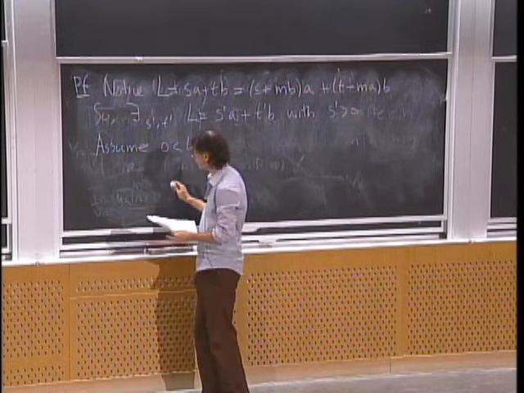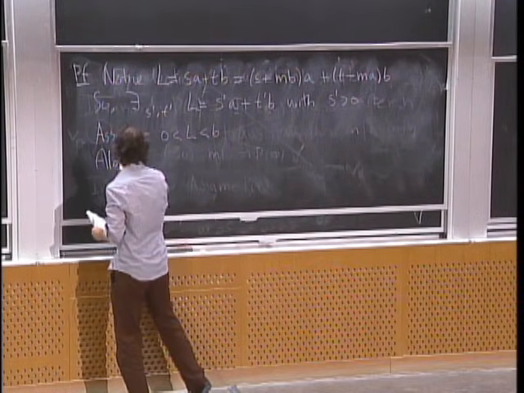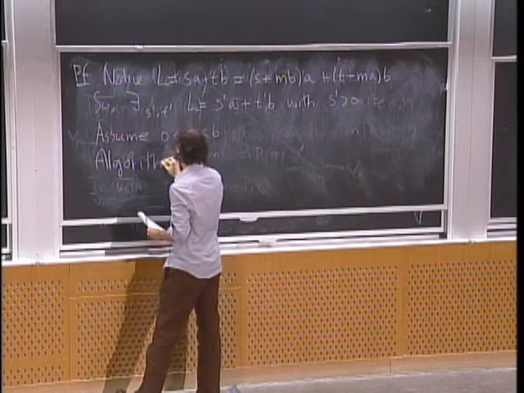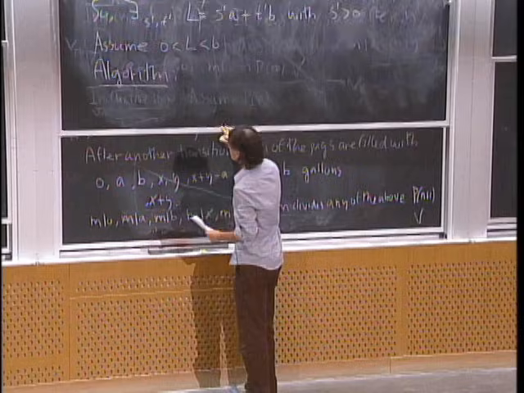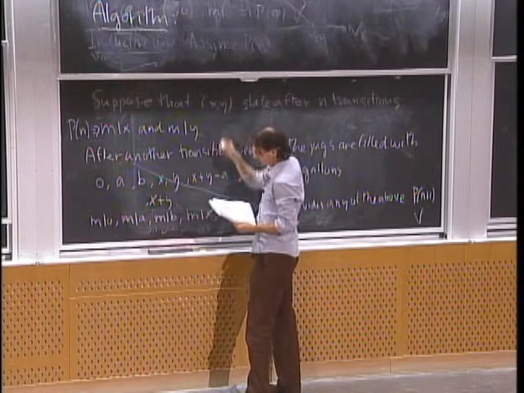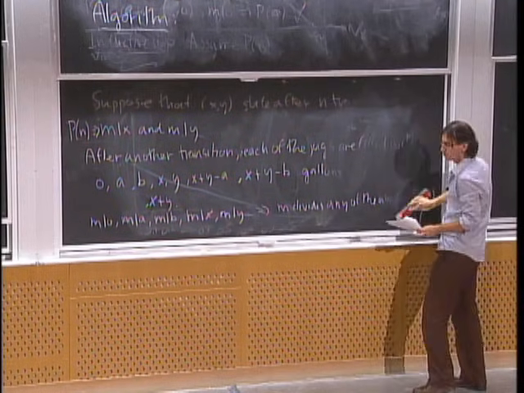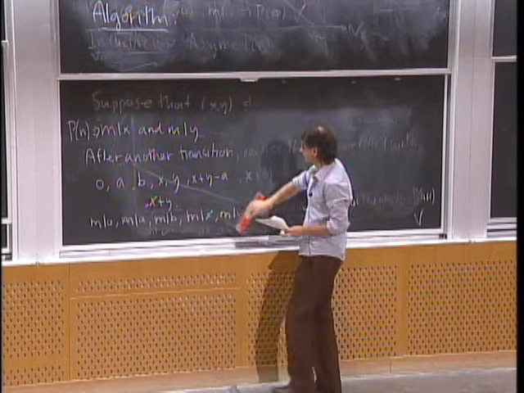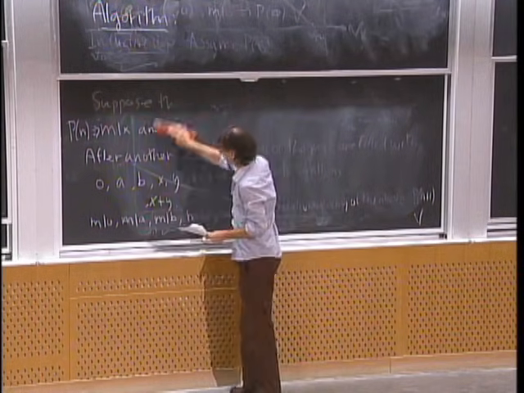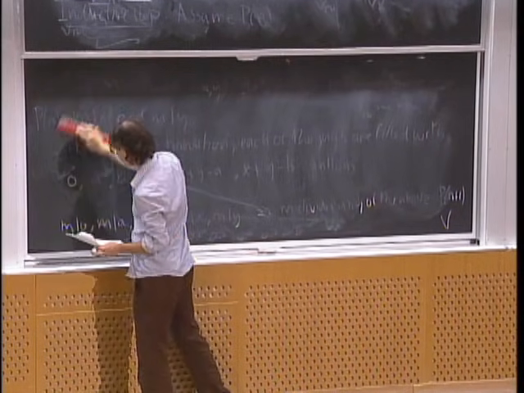All right, so what's the algorithm going to do for us? The algorithm is going to repeatedly fill and pour out jugs in a very special way, and miraculously we will be able to get the desired linear combination every single time.